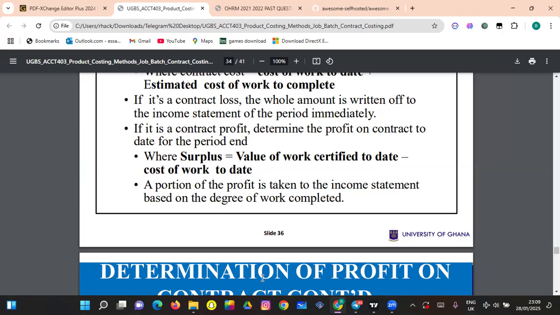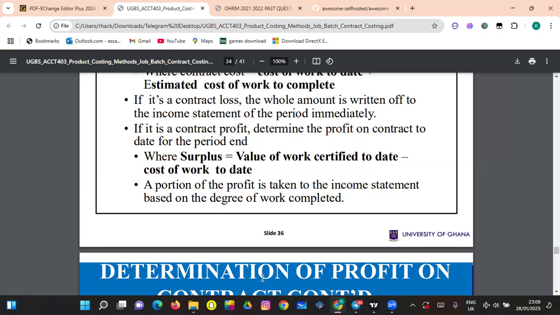So if you want to get surplus, it is the value of work that has been certified to date minus the cost of work. So if they certified the work and it was 50, and the cost that was used to achieve that 50 is 40, you have a surplus of 10. That's what it means in here.